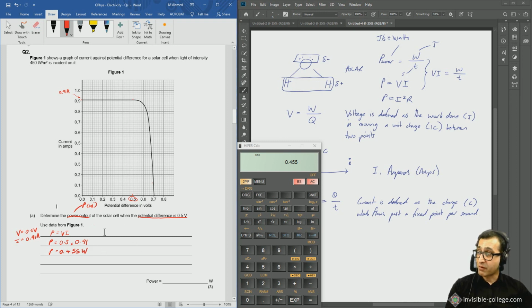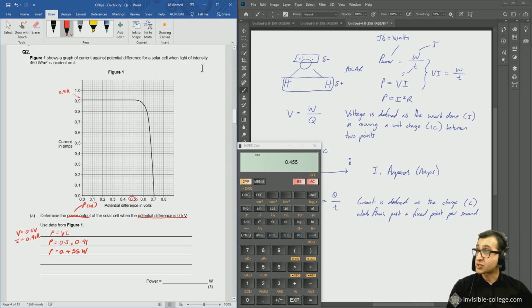Another thing that you need to be very, very careful of in calculation questions, unless it tells you to round up or down to a specific number of significant figures or a specific number of decimal places, please do not do so. So the guideline here is always, unless you're told to give it in a certain number of decimal places or a certain number of significant figures, give your answer to the same number of significant figures as the maximum number of significant figures given in the question.